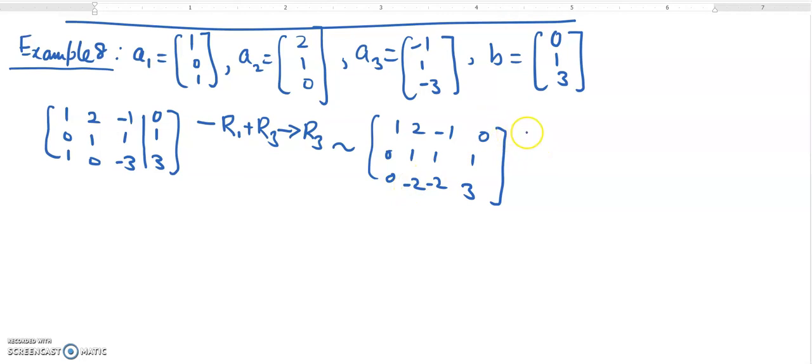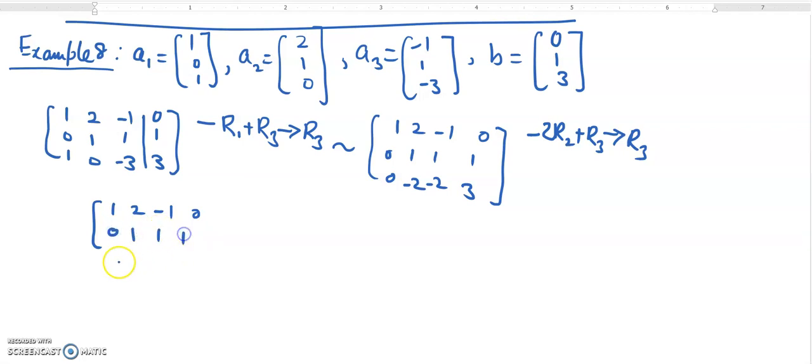Anyway, as a next row operation, I can take 2 times row 2 and add it to row 3, and that will be the new row 3. So it will be 1, 2, minus 1, 0, 0, 1, 1, 1, and then 0, 0, 0, and then 5.